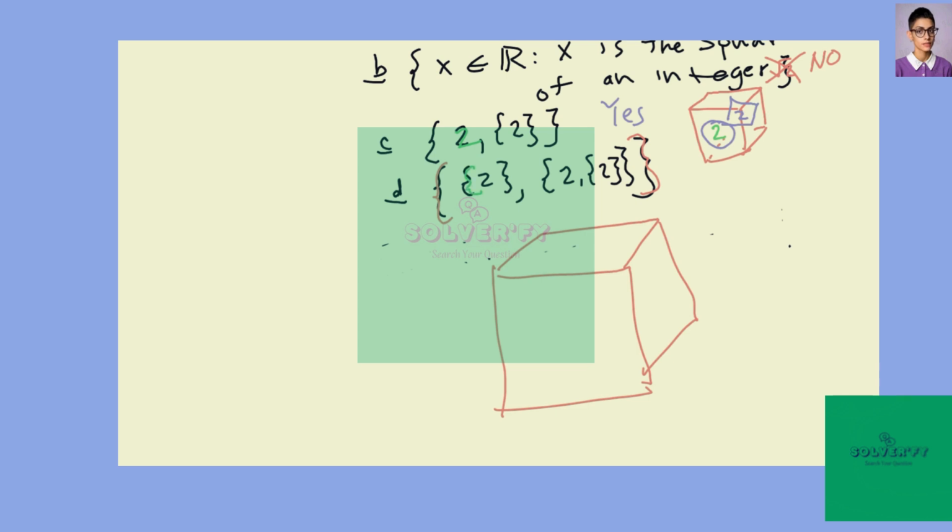There is a green bag, and in this green bag is the number 2. And then there's also another bag, a blue bag, and in this blue bag is the number 2 and a green bag with the number 2 in it.